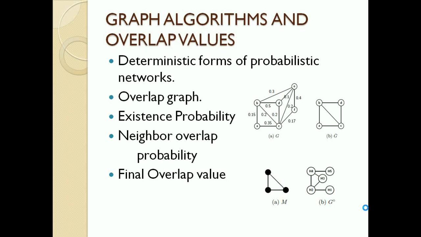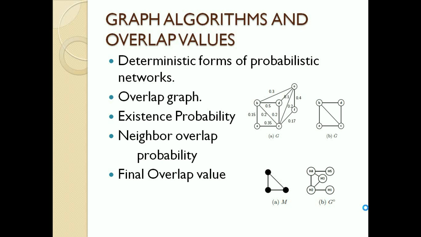The third step is to calculate the existence probability value, which is the product of the probabilities of the edges of the embedding pattern, and also the neighbor overlap value. This neighbor overlap value is a probability distribution, because the neighbors of a particular node can vary depending on the probability of the interaction between the two nodes.